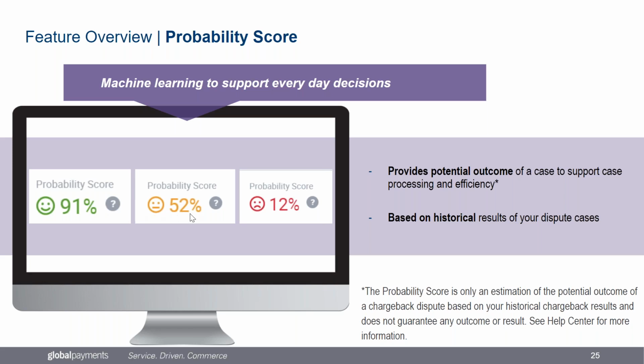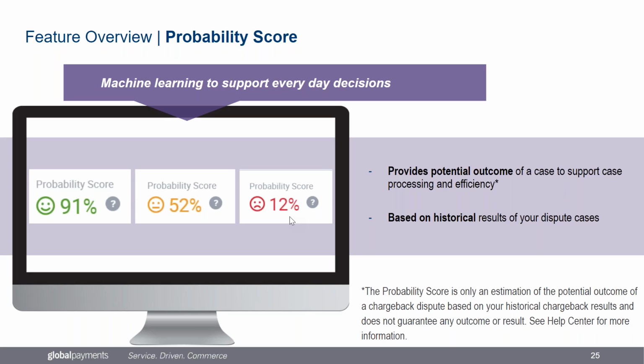You have a yellow score, which means you have a 50-50 chance of winning the case. And then, of course, you have a red score, which means that most likely you won't. This information is all based on historical data across our entire portfolio, but it also includes your information as well. We have machine learning and algorithms looking at this data behind the scenes and determining what the score is.